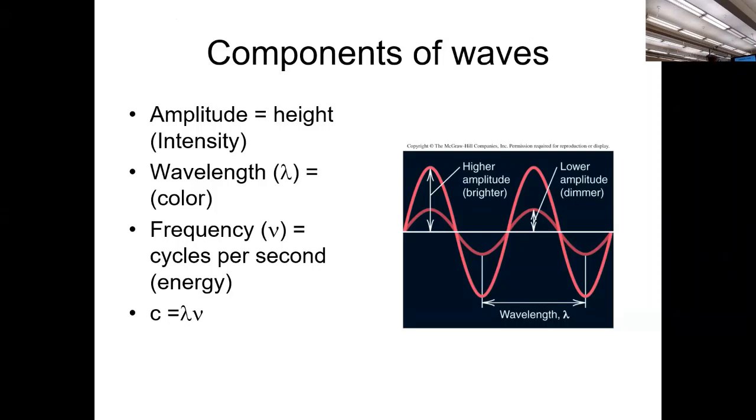So we can talk about length. Length tells us about color. We'll get to more of that in just a second. Frequency, which is how many up and downs per second. And we can put these measurements together into C equals lambda nu. What is C? Speed of light. And that is constant for all forms of light, all colors, and also all different types of electromagnetic radiation. Technically, it is constant. It makes the approximation that air is pretty close to a vacuum, so it doesn't change.